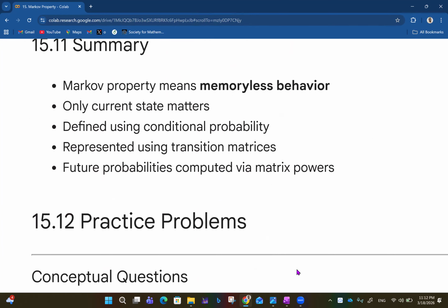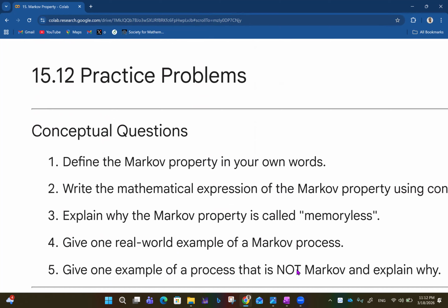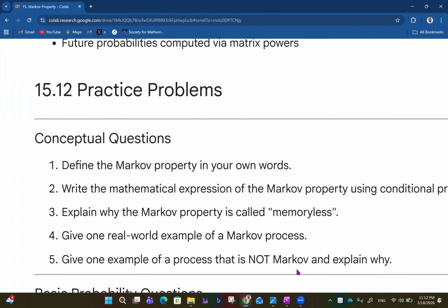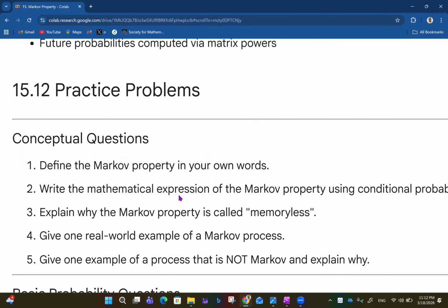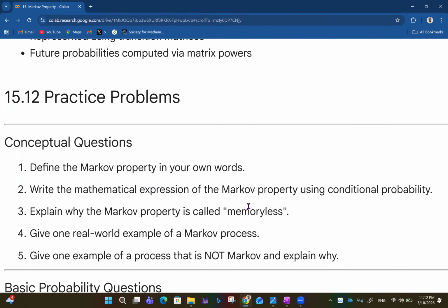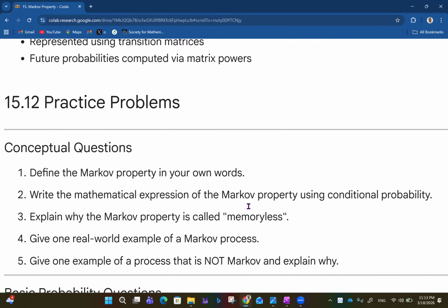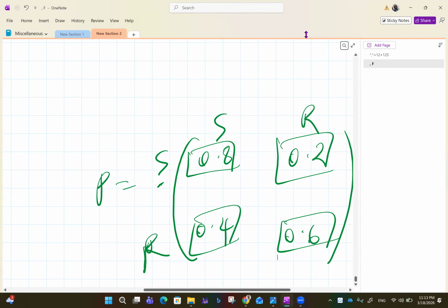Okay, so we have some practice problems. First of all, some conceptual questions. Define the Markov property in your own words. Of course, the Markov property just says that the current state determines the next state. Write the mathematical expression of the Markov property using conditional probability. Of course, that would be what we saw before.